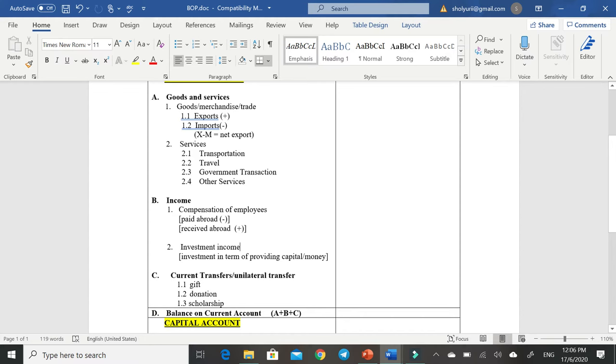So the return will go back to their old country. So investment income coming to inside the country, they will be recorded as negative. Why? Sebab income tu belongs to the foreigner, the income will go back to the origin country. So that one will be recorded as negative.